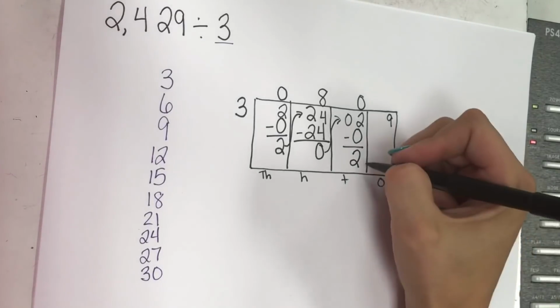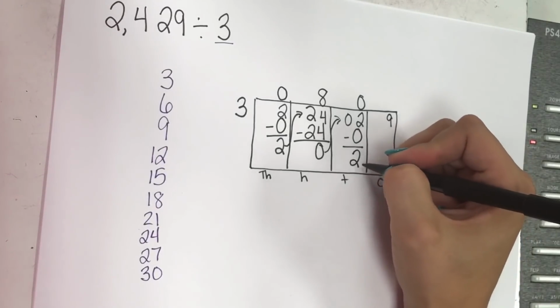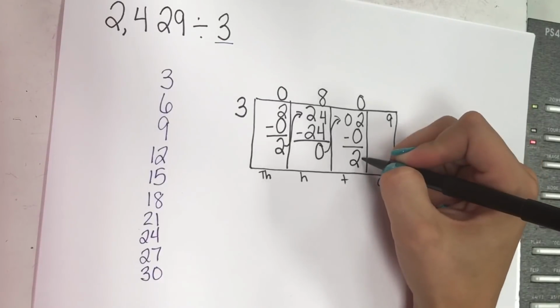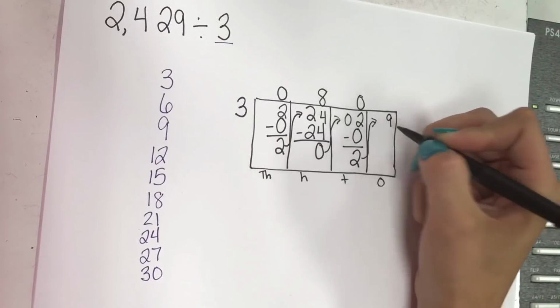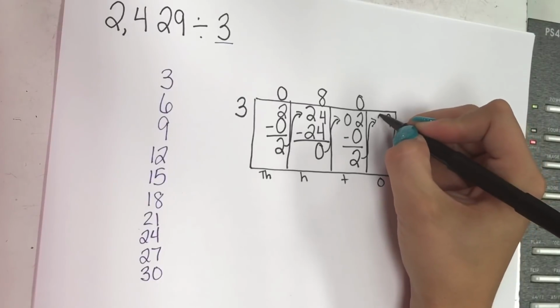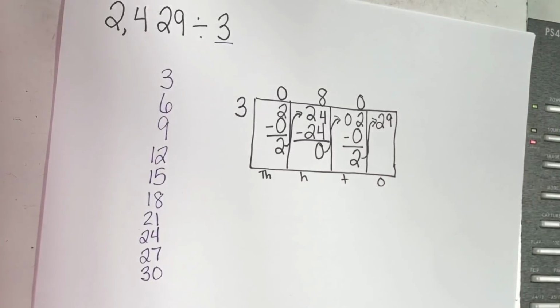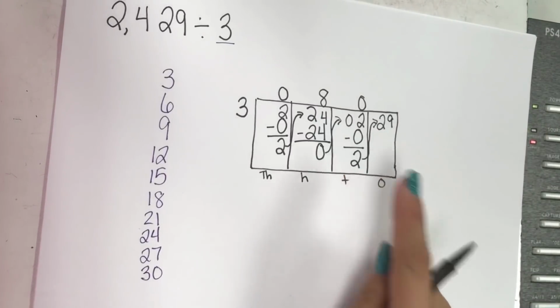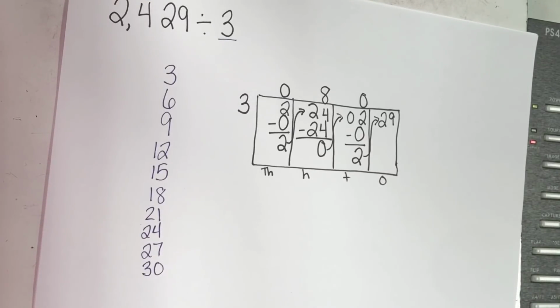Okay. So here, if I have 2 tens and I want to break it up into ones, how many ones do I have? 29. I have 29 now because I have 2 tens that I broke into ones, which was 20 plus the 9 I already had.